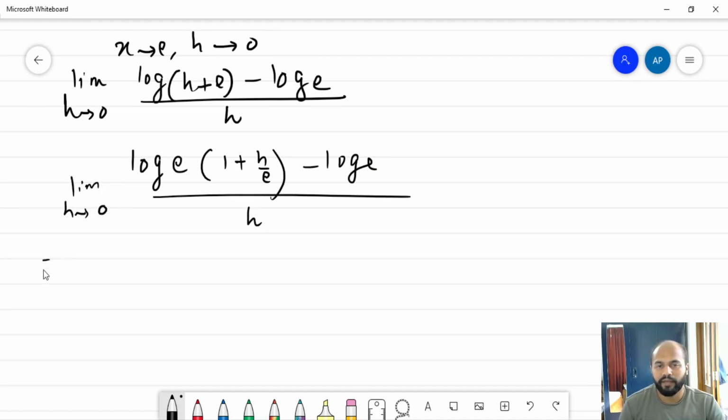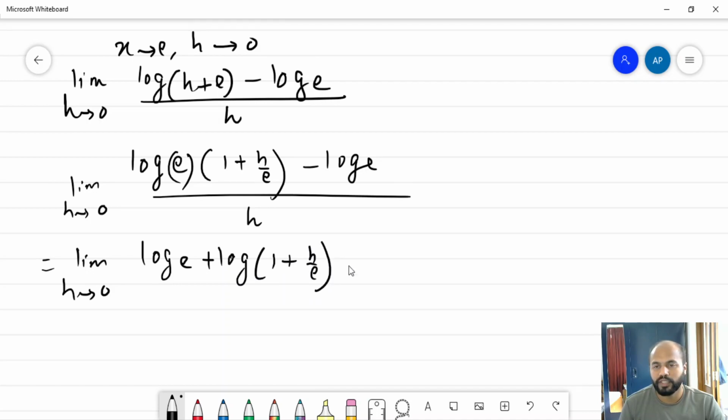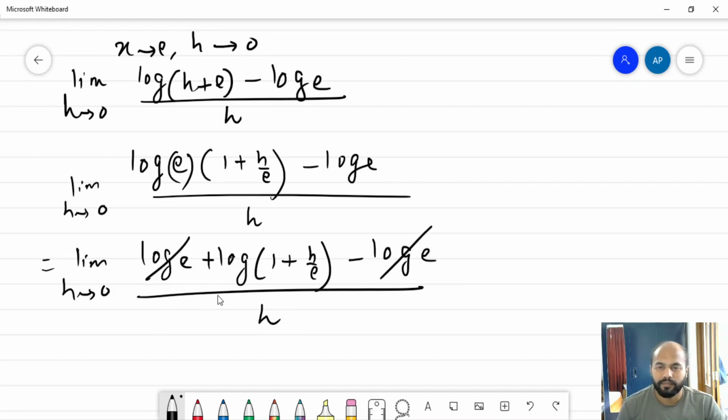So finally what we have is limit h tending to 0 of log e plus log of (1 + h/e), using the properties of log. So ultimately the log e terms go, and what we have is log of (1 + h/e).